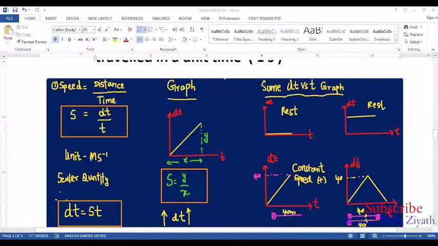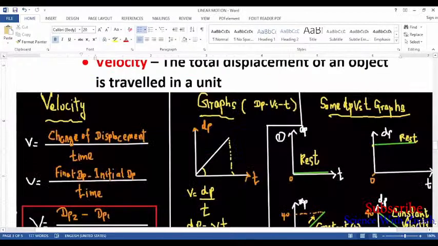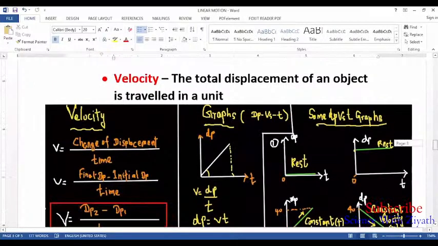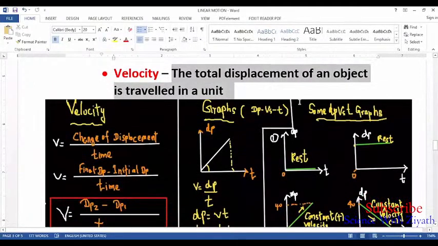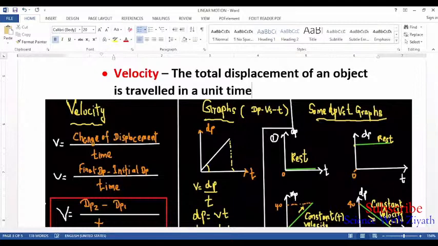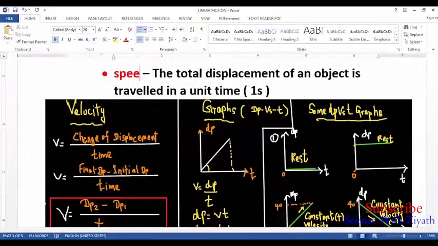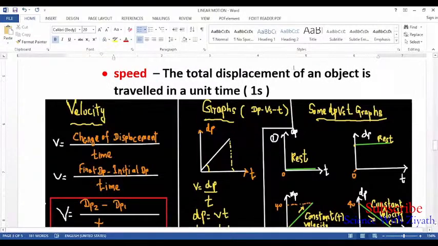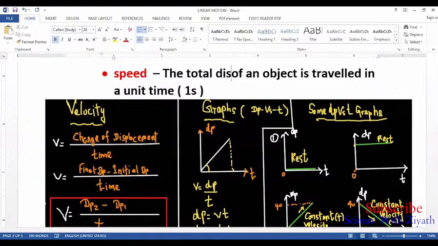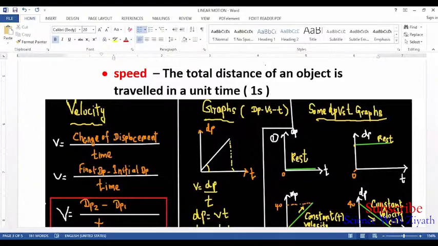Right. Now look at this one, the velocity. The basic idea is the total displacement of an object in a unit time, which means 1 second. If it's a speed, the total is distance.